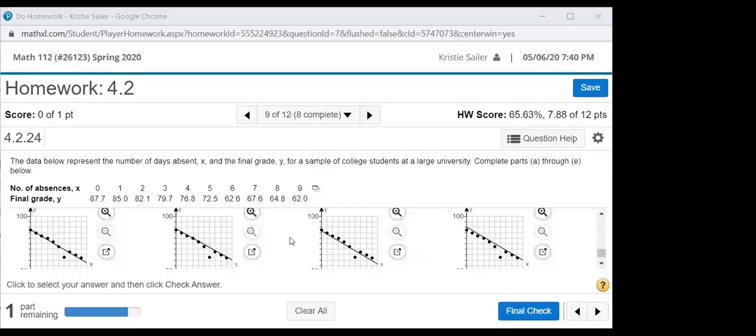So maybe the best way for you to remember is the actual minus the predicted. That's how you get a residual. Actual means from the data in front of you.